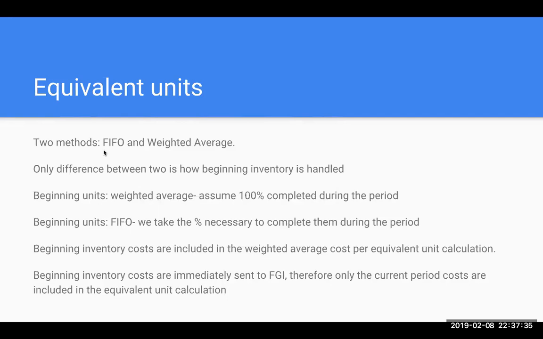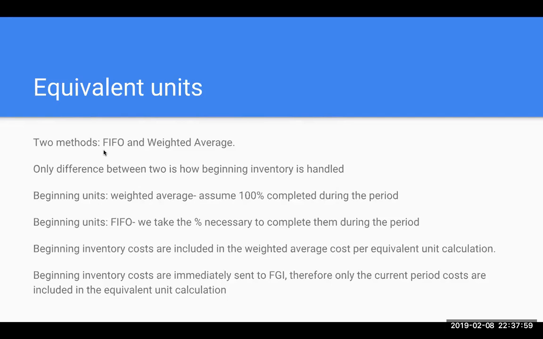With FIFO, we're going to take those beginning inventory costs and move them immediately to finished goods inventory. Because we're moving those costs immediately, when it comes to the beginning inventory units, we're just going to focus on what was actually done during the period.